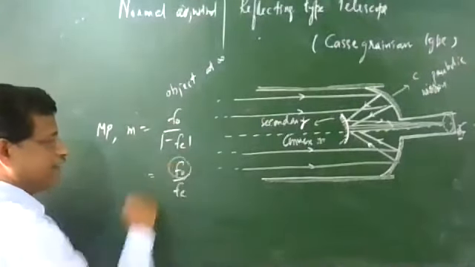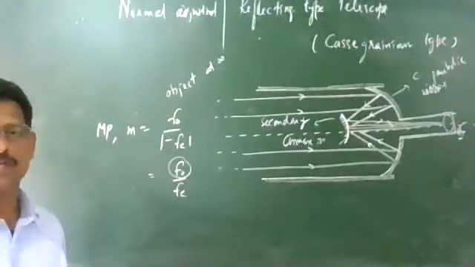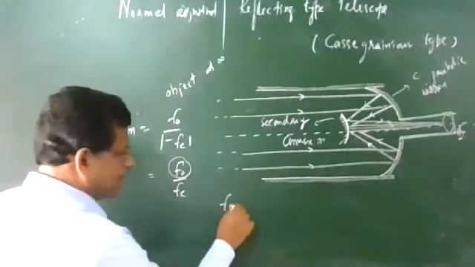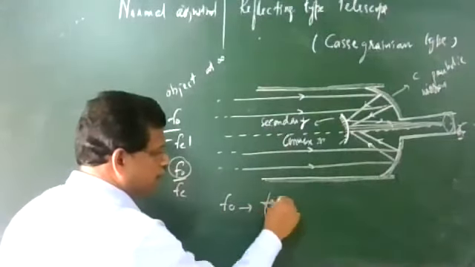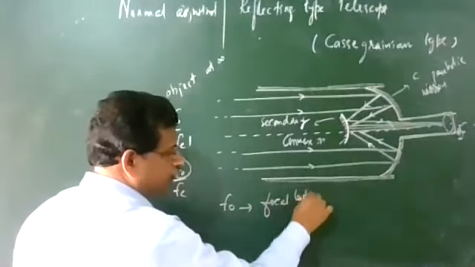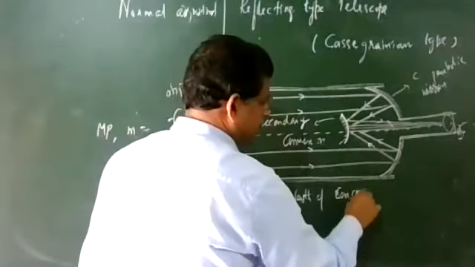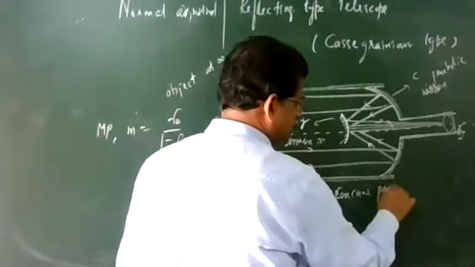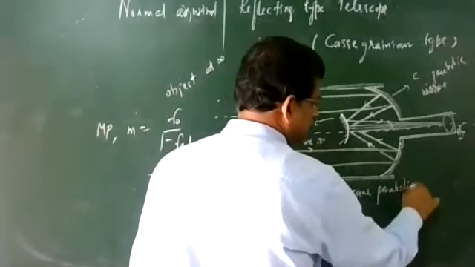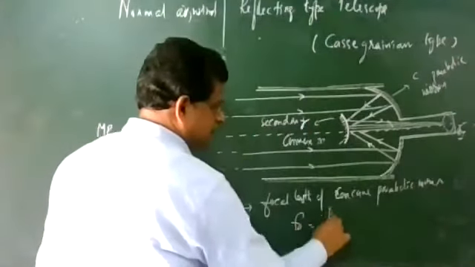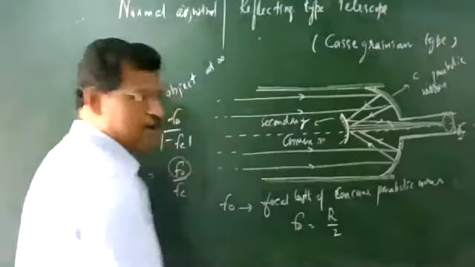But here f naught stands for the focal length of the objective. Here the objective is not a lens. Here f naught is the focal length of the concave parabolic mirror. It is not a lens. Its focal length is related to the radius of curvature R by R by 2.